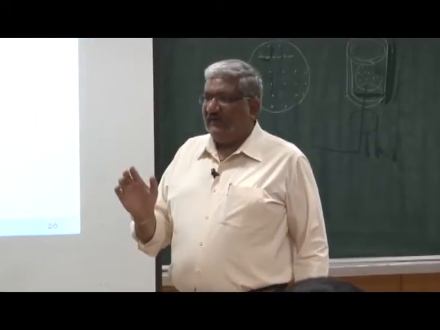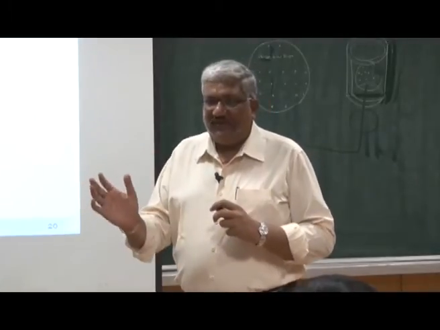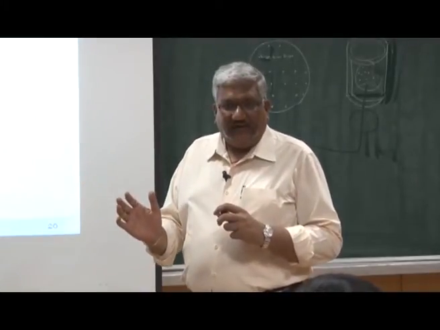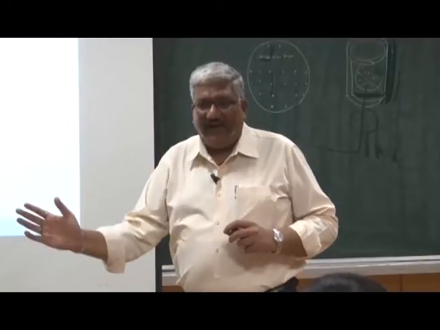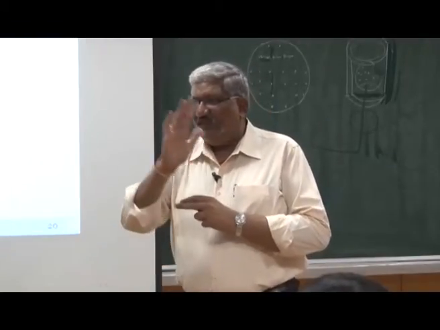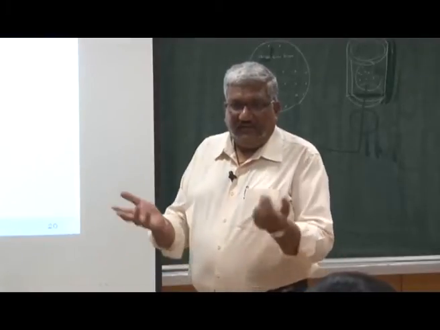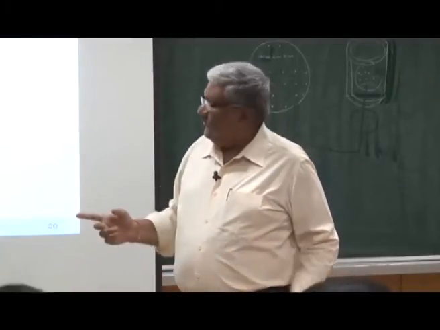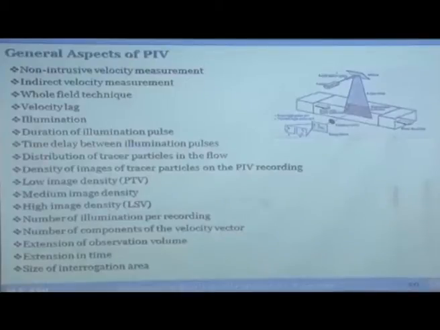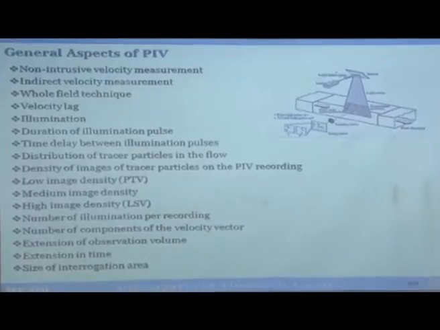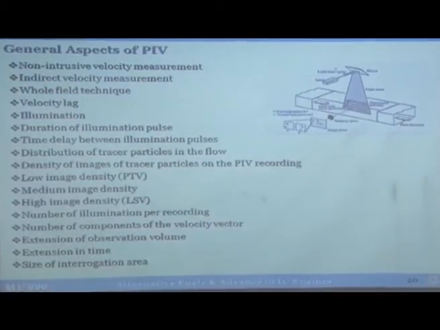You must have seen that when you have a camera and your object is moving, you do not get a clear picture. If I am moving a hand, you will get a hand which is from here to here. You must have seen this in real life. So, if the duration of the illumination pulse is really large, you will not see a frozen picture, you will see a blurred picture, and that is of no use. So, the duration of the illumination pulse also needs to be optimized.